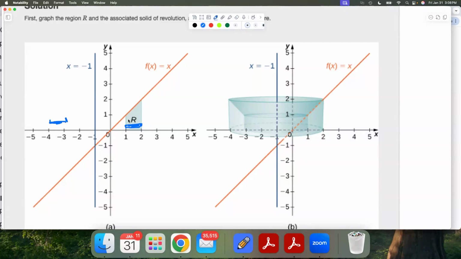The problem is, once I get up here, in this case, my outer radius would always be 3. 1, 2, 3. That's the outer radius. The inner radius would always be 2.